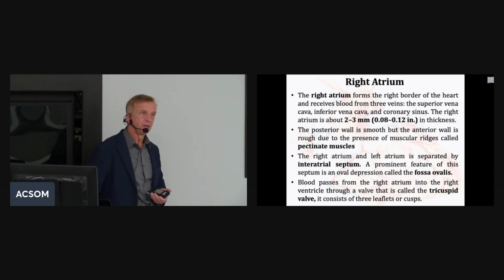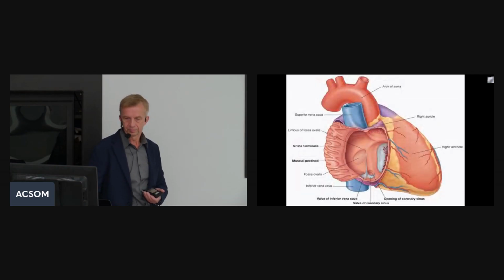If we want to get to the left side of the heart, we do a transseptal puncture, and we put a catheter through this thinner layer of the interatrial septum called fossa ovalis. Here is the interatrial septum with a thin layer of fossa ovalis in the middle.